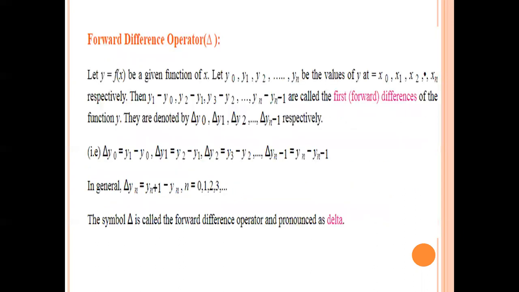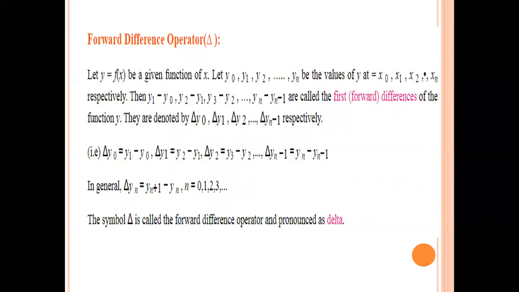Here we are going to discuss the first difference operator, the forward difference operator, and it is called the delta operator. Let y is equal to f of x be a given function of x. Let y0, y1 and so on yn be the values of y at x0, x1, x2 and so on xn respectively.